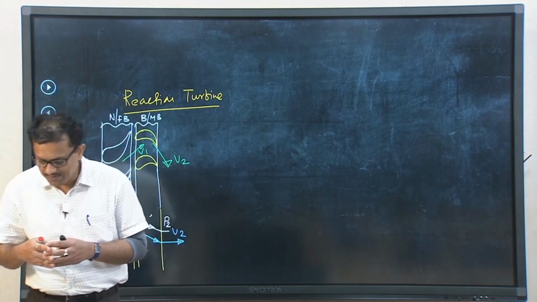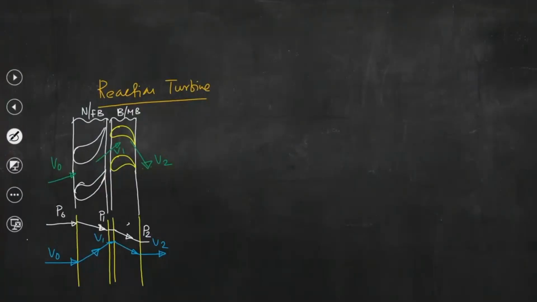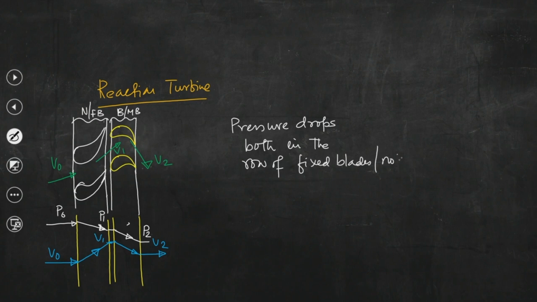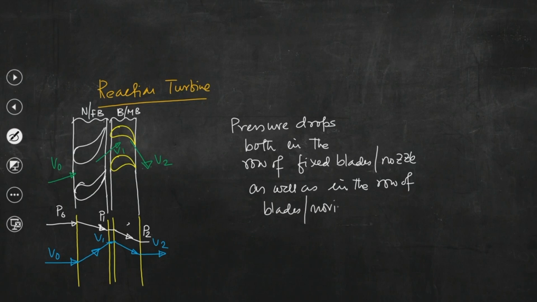So, that means we can write that in a reaction turbine, pressure drops both in the row of fixed blades or nozzle as well as in the row of blades or moving blades.